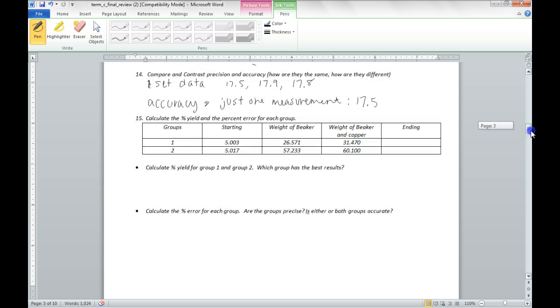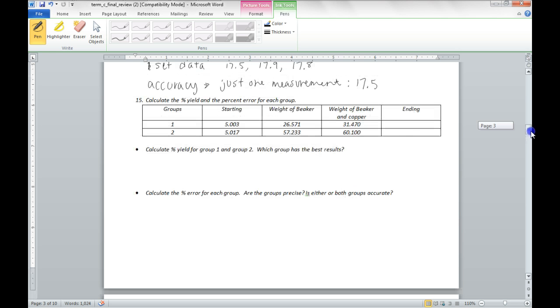Next one is calculating percent yield and percent error for each group. So the first step here is we have our starting mass, so we need to find our ending mass. Well, how do you get that? You're going to subtract the weight of the beaker and the copper minus the beaker to get just the copper, to find out what we ended with.